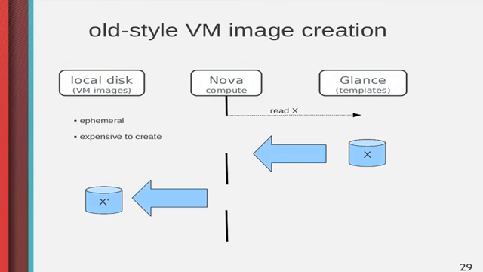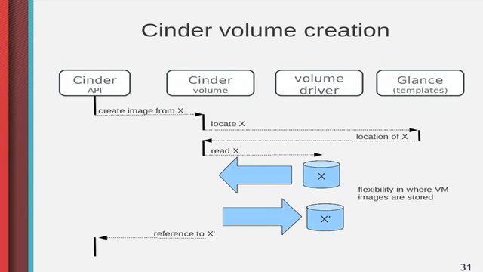So one of the things that used to be very slow in Nova is actually creating new virtual machines by copying all the data out of Glance onto a local disk, and then creating a new copy of that file to boot a virtual machine off of. So in the Folsom release, we changed this a bit to allow Glance to be backed by RBD, and also Cinder to be backed by RBD.